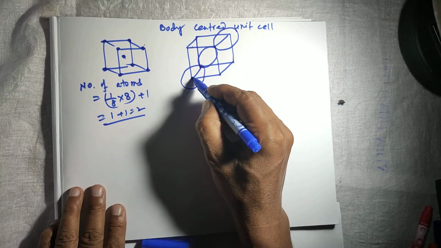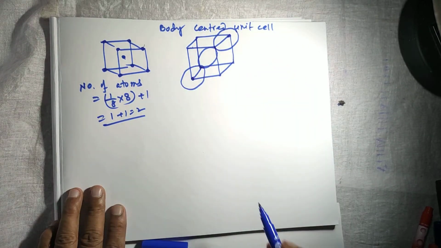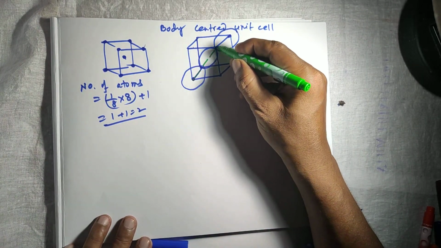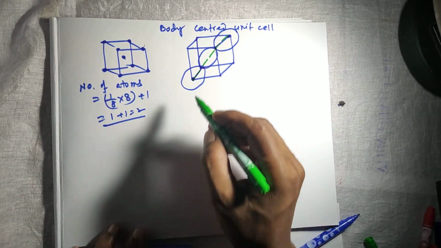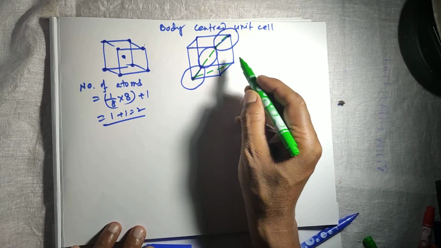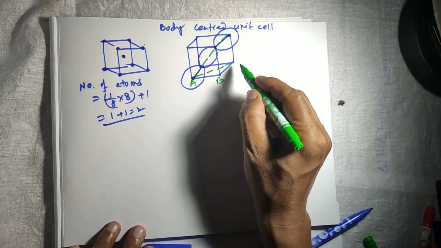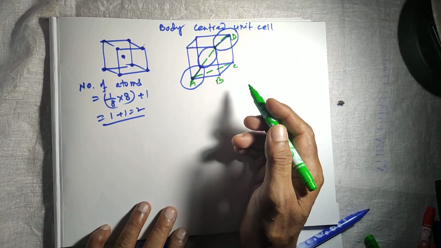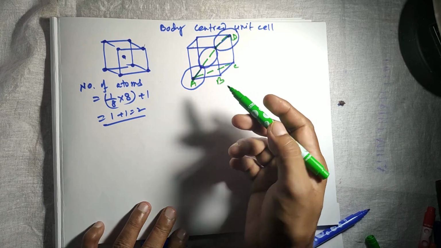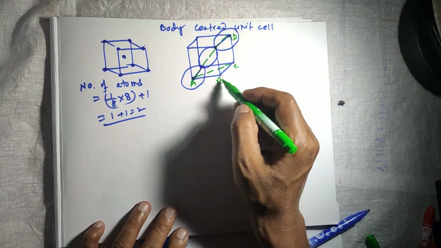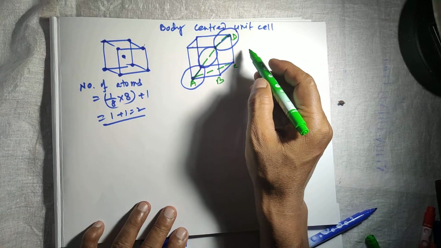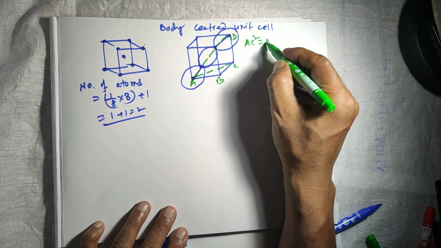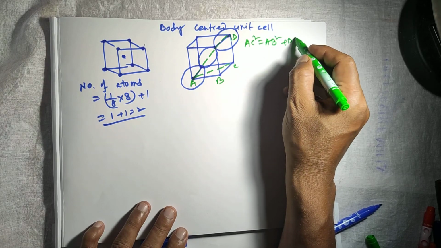This corner to this corner is the body diagonal, and this is the face diagonal, A, B, C, D. Now at first, in case of triangle ABC, according to Pythagoras theorem, AC square equals AB square plus BC square.